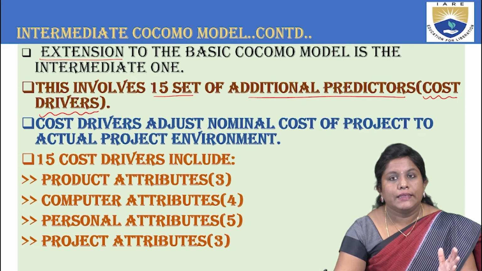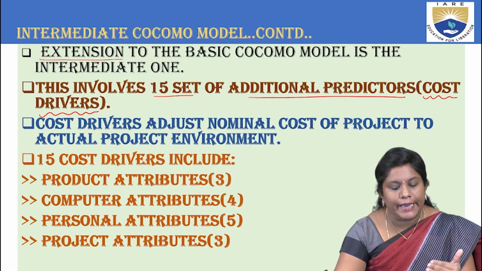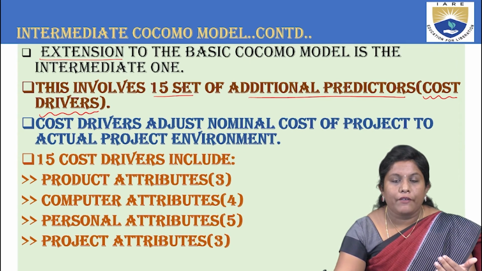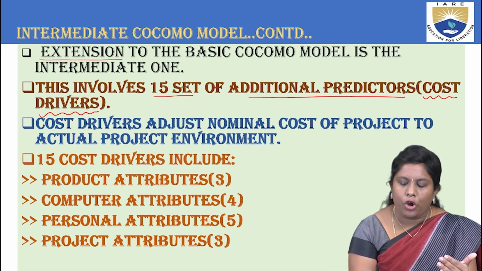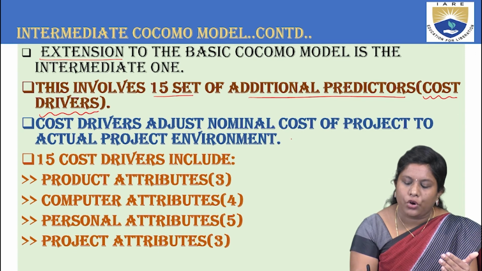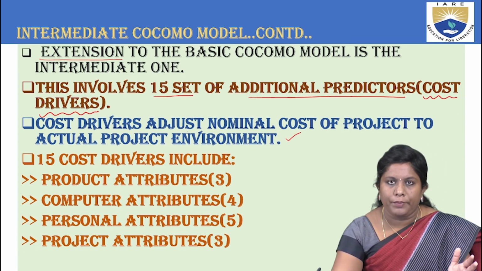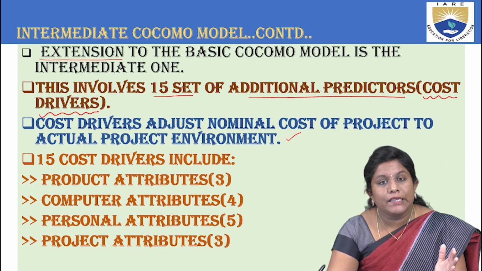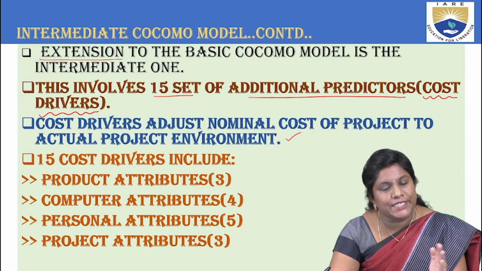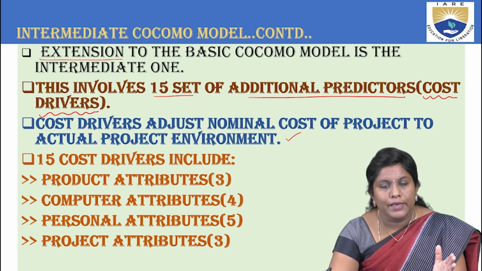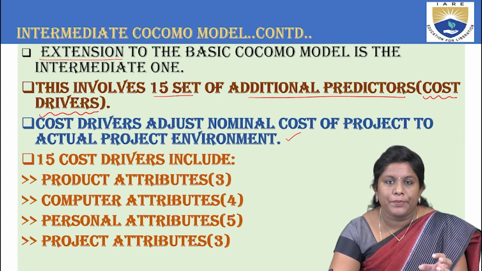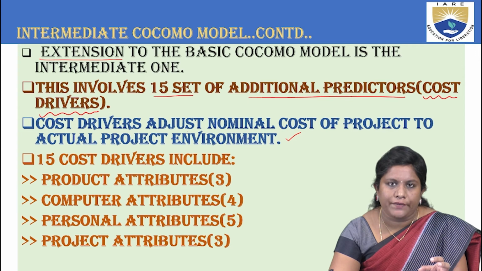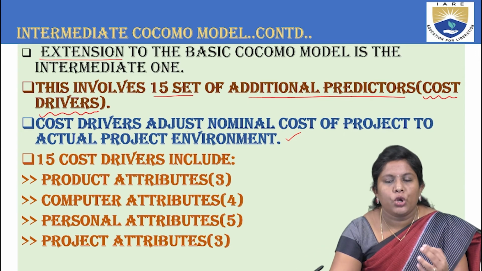Right? Now, these cost drivers are again subdivided into various attributes. Cost drivers adjust the nominal cost of the project to the actual cost of the project environment. So I repeat, intermediate Cocomo model is an extension to the basic Cocomo model. This involves 15 additional predictors. Those additional predictors are nothing but the cost drivers, so they are also linked to cost.